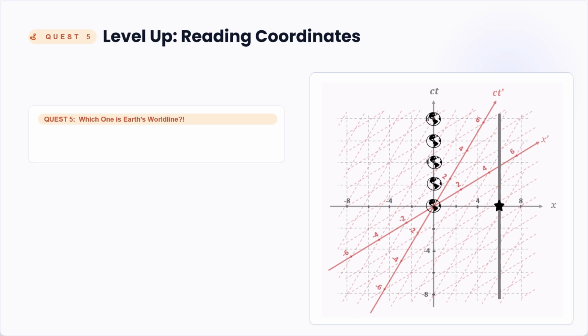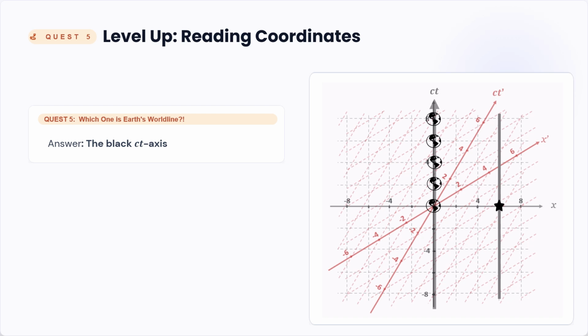So 3, 2, 1. The correct answer is the black time axis, the ct axis itself. The world line of stationary Earth is a straight, vertical black axis, while the world line of the rocket moving at constant velocity is a slanted red axis.